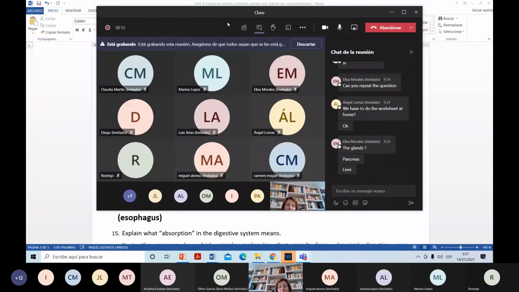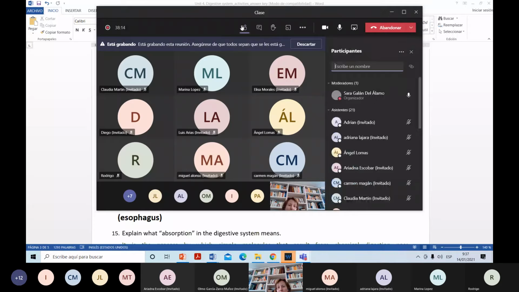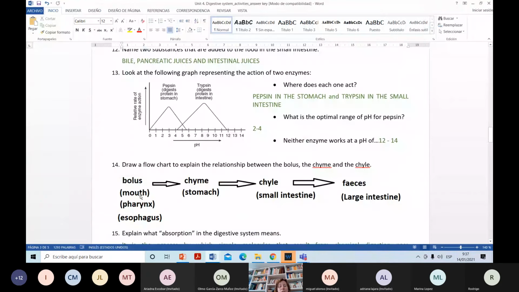Transforming food into the food bolus is your teeth and the salivary glands, the saliva produced by the salivary glands, but of course being helped by the tongue that is moving that food. So you've got the food bolus inside your mouth already, and this food bolus will go to the pharynx and then to the esophagus.